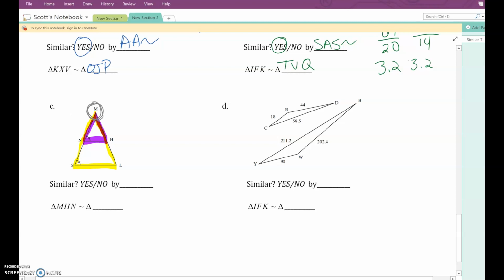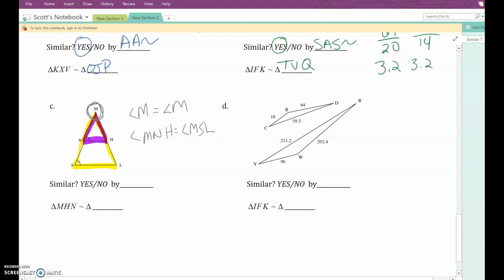So if I don't see any side lengths, angle is really my only clue. So I could say they both share angle M. Those are the same. And then I can also say that angle MNH is equal to angle MSL.